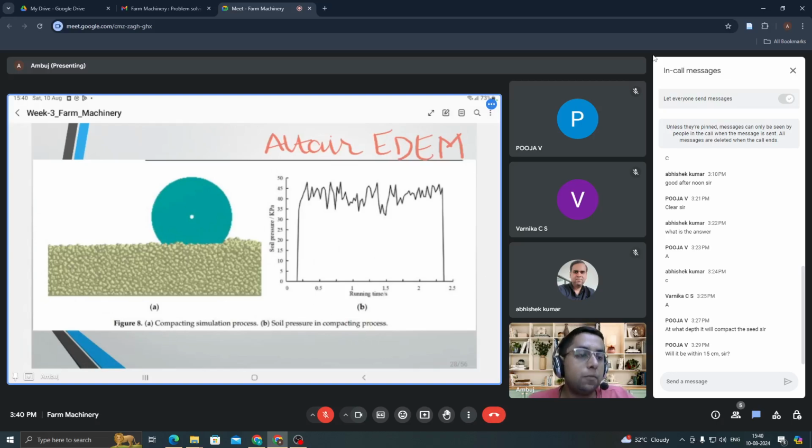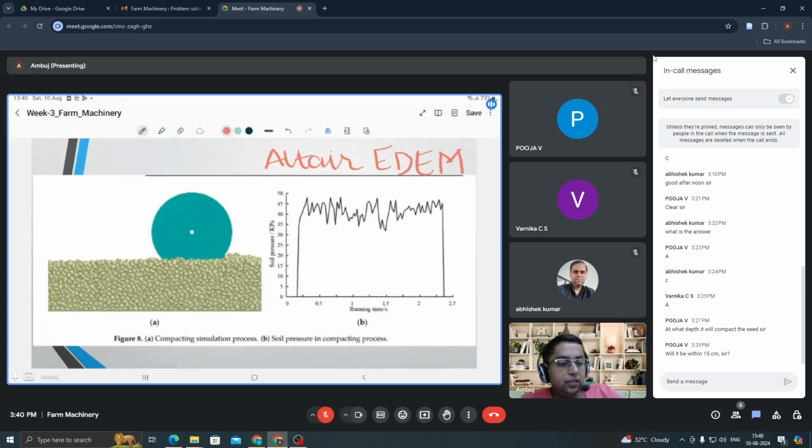This is Altair EDM. One other software is there, and I'll also write the name of it: KTA V5. I personally have worked on both these softwares.